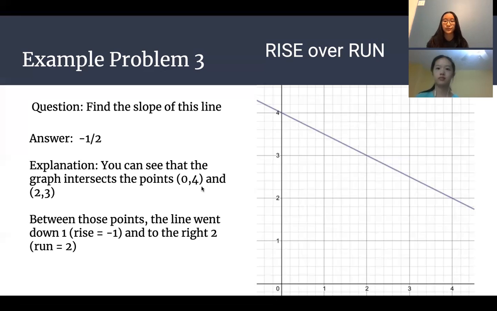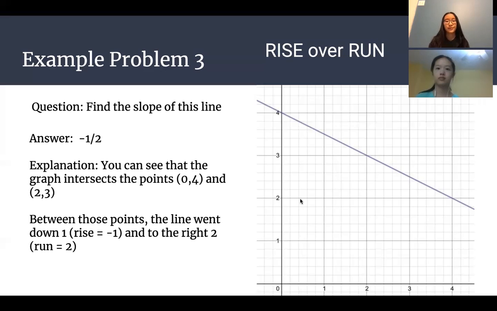And so the line goes down 1 space on the y-axis between 4 and 3. And then you take the x-coordinates, 0 and 2, and it goes over 2. So that means your fraction is -1 over 2, which gives you -1/2.